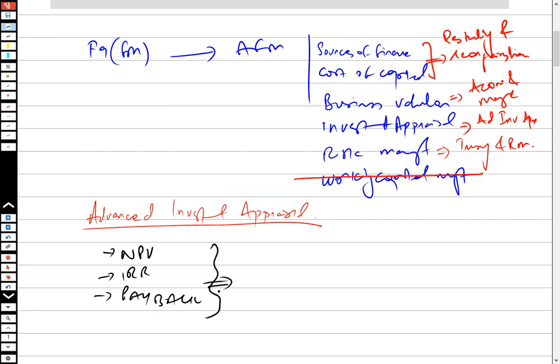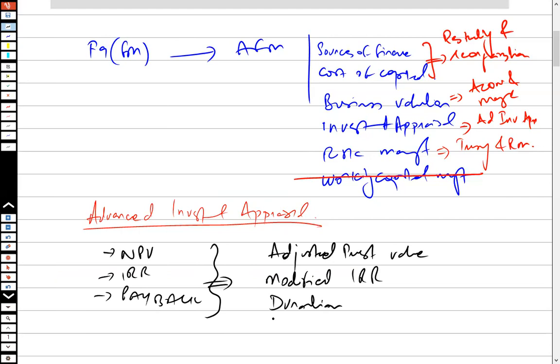Then there are the advanced level techniques, including adjusted present value, modified IRR, the technique of duration, etc.